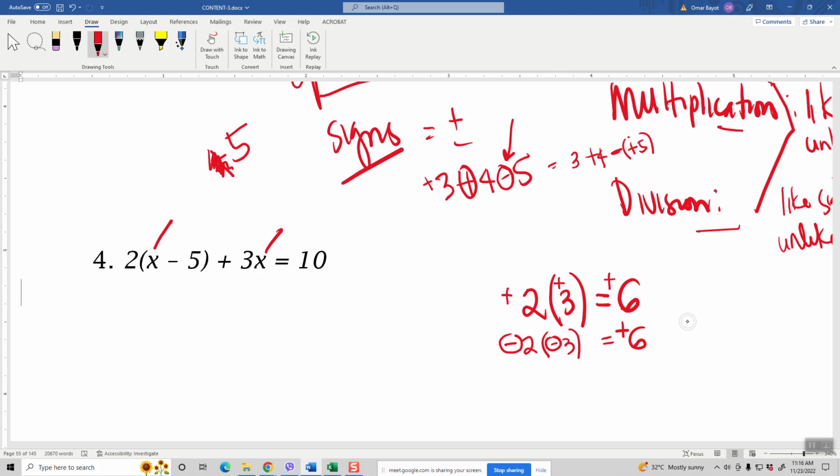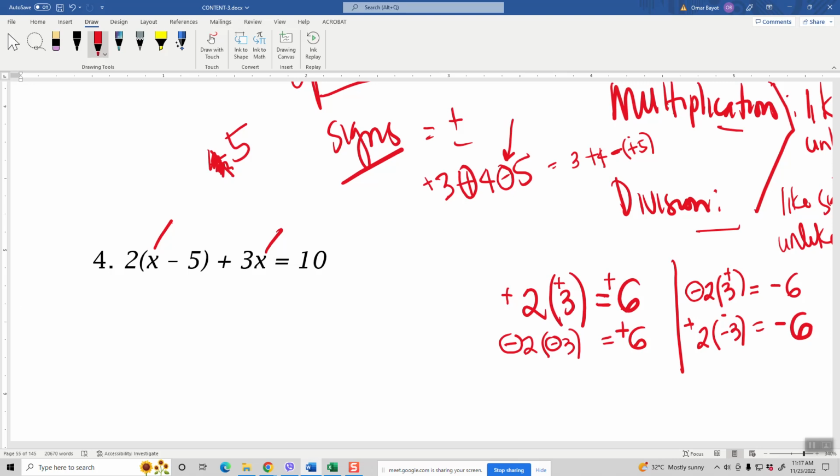For unlike signs, let's say negative 2 times 3, since 2 carries a negative sign, 3 carries a positive sign, your end product will be negative because they are unlike. They do not have the same sign. The same is true for 2 times negative 3. Here, 2 carries a sign of positive, 3 carries a negative sign. So your resulting product must be negative 6.